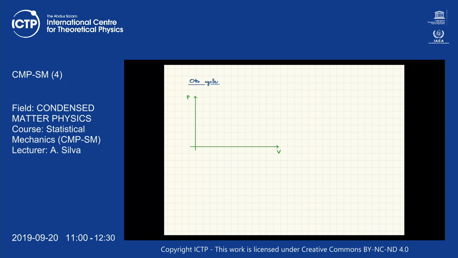Now, notice that this Otto cycle is very peculiar because it's not operating between two reservoirs at given temperatures, right? You don't have a first isotherm with temperature T2 and then another isotherm at temperature T1, unlike the other two cycles that have been shown before.